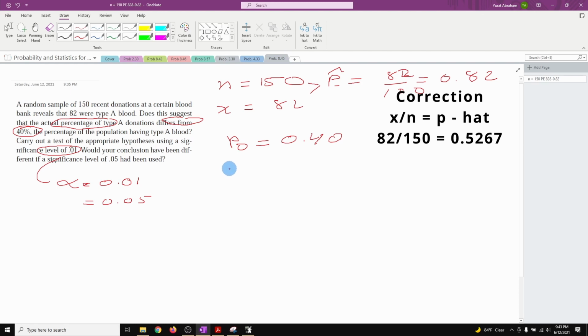Okay, so I'm trying to get the wording right. I don't want to mess it up. So we're doing a hypothesis test. Your H0, or your null hypothesis, is that your P naught is 0.40.